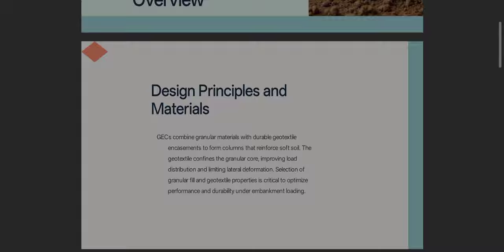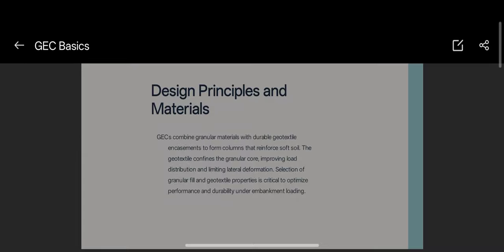The geotextile confines the granular core, improving load distribution and limiting lateral deformations. Selection of granular fill and geotextile properties is critical to optimize performance and durability under embankment loading.